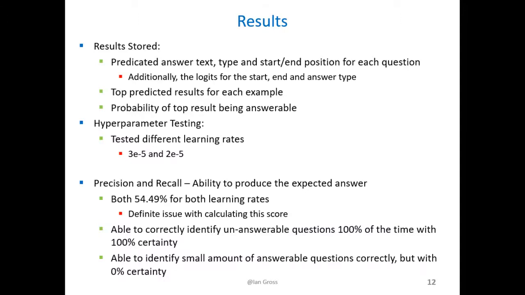I probably should have used ones that were more separated, and a few other things, but we'll get into that later. I also found that both of those learning rates for some reason had the same precision and recall. I had some issues calculating the score, but I did find it was able to identify all the unanswerable questions with 100% accuracy, but it had difficulty identifying the answerable questions.